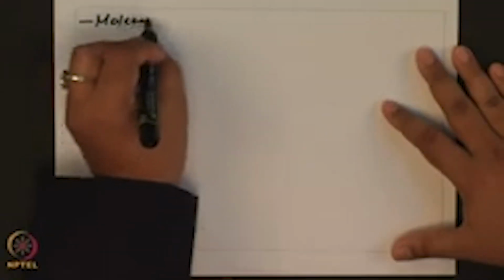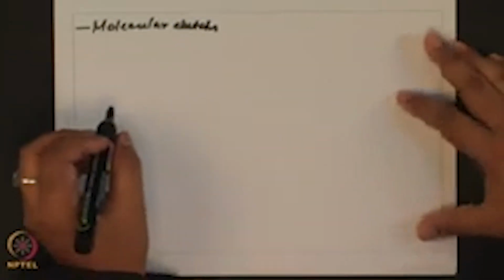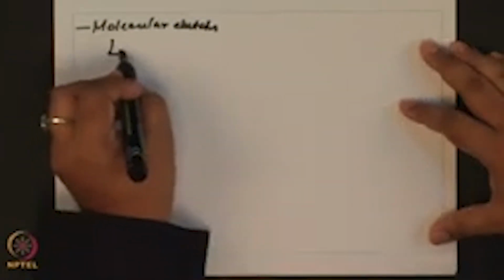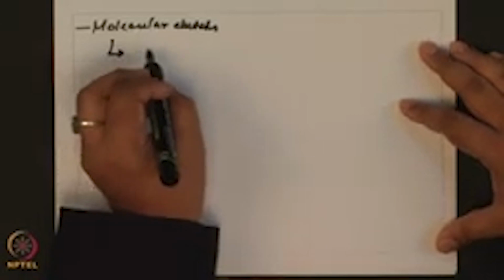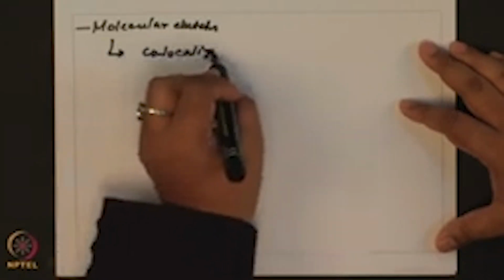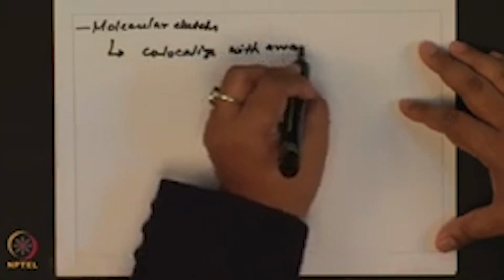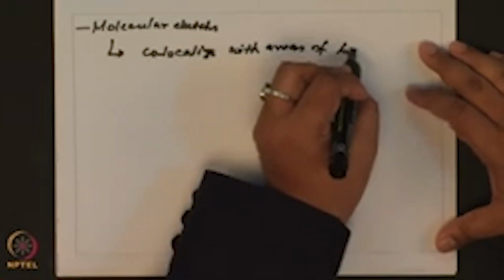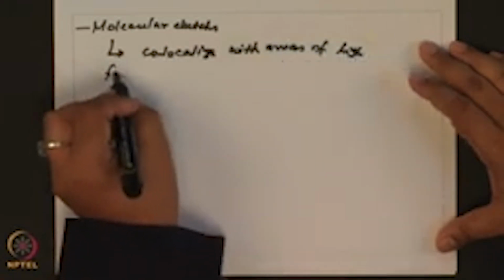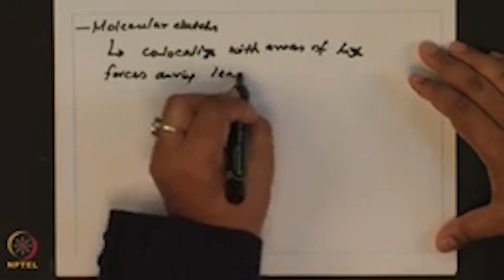Now, vinculin is also assumed to be an important part of the molecular clutch. Okay. And vinculin is known to colocalize with areas of high forces during leading edge protrusion.